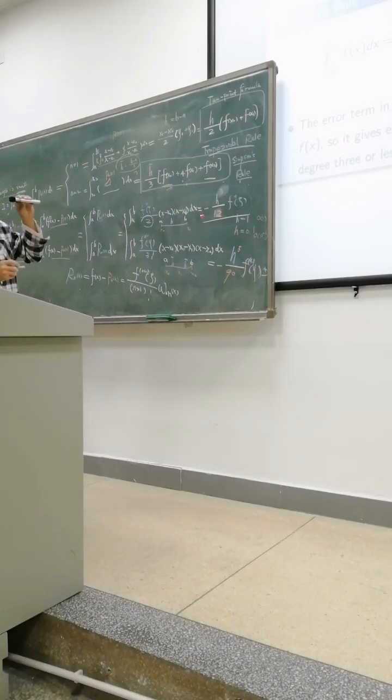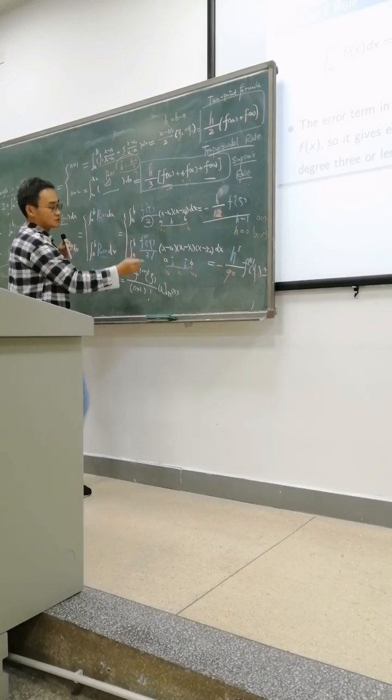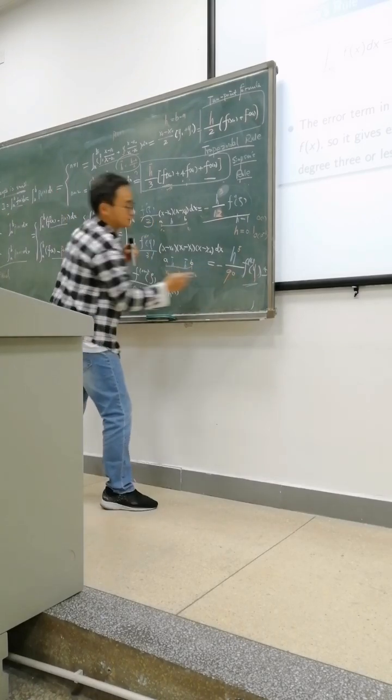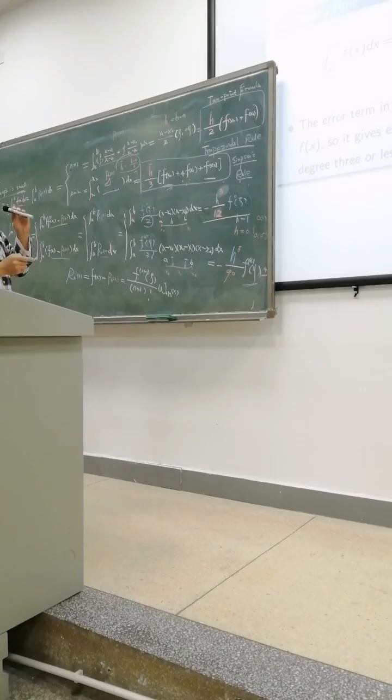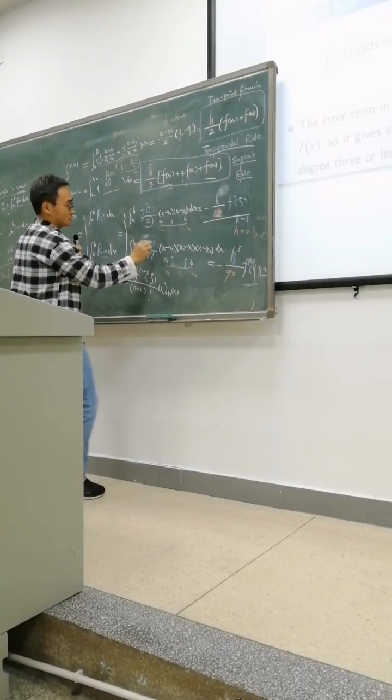Okay, similar to the trapezoid one, this term is constant. So this one is also constant. Right, this one is 3. Okay, 3 terms here. 4 and 5.